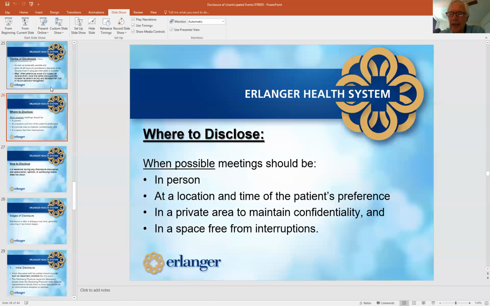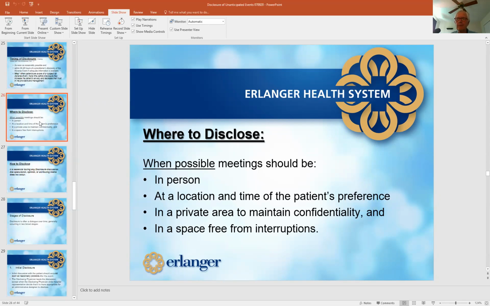So he can indicate, again, depending on the severity, whether or not he's going to be involved in that disclosure. Our recommendation is that there is always an attending involved in the overall disclosure. But again, depending on time of day, seriousness of it, and the need to tell the family quickly, will determine who's going to be present at that time.